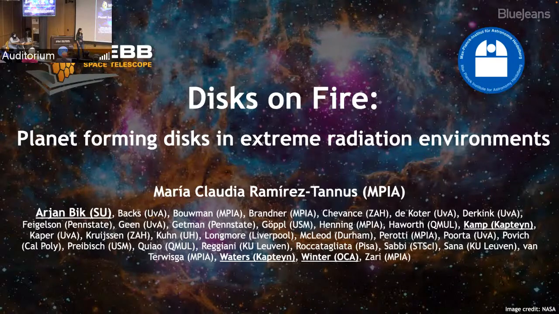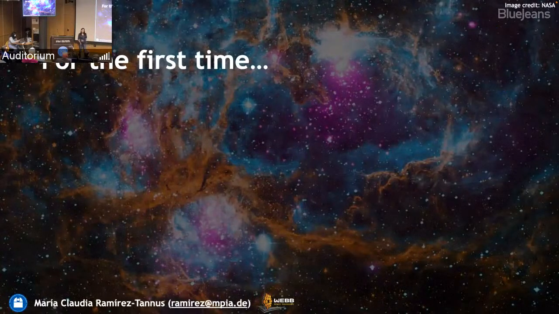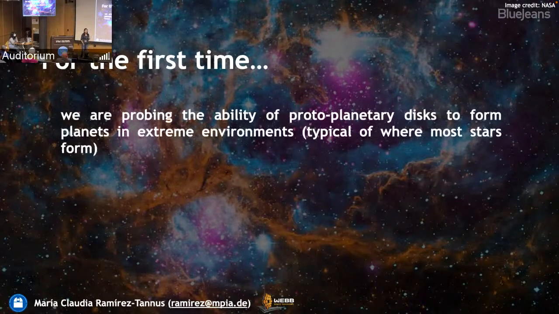So my name is Maria Claudia Ramirez, and I am a postdoc at MPIA. And today I will tell you about our GEO program, where we are targeting protoplanetary disks in extreme environments. If there's something that I would like you to remember from my talk, it is that thanks to James Webb, for the first time, we are now able to probe the ability to form planets in extreme environments.